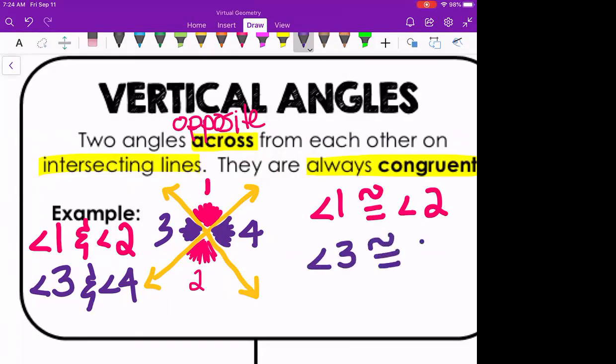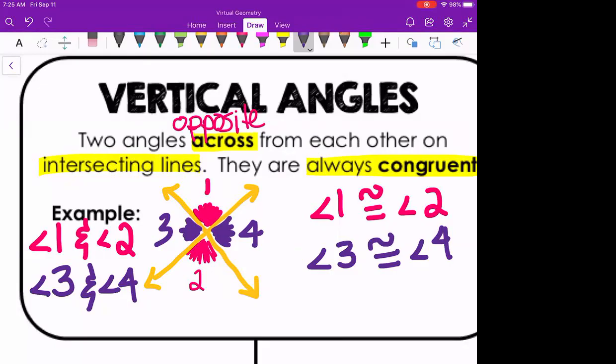They will be congruent as well, meaning they will have the same measure. So if the angle 1 position was 100 degrees, angle 2 would also have to be 100 degrees. If angle 4 was 80 degrees, angle 3 would also have to be 80 degrees.